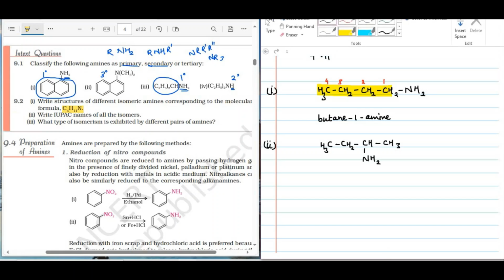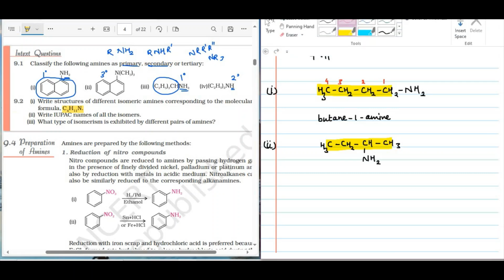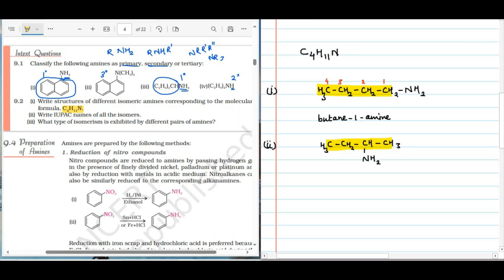Now select the longest carbon chain. It is a 4 carbon long chain. Now number the chain so that the amine functional group gets the lowest possible number. So again you have to number it from the right direction. 1, 2, 3 and this is 4. The name of this molecule will be butane-2-amine.